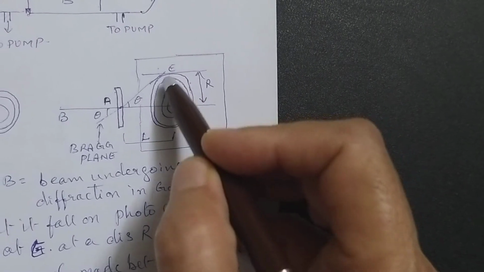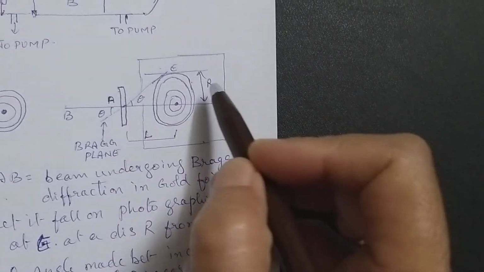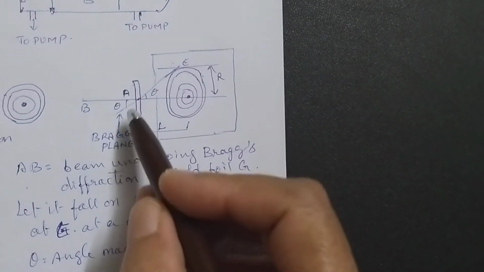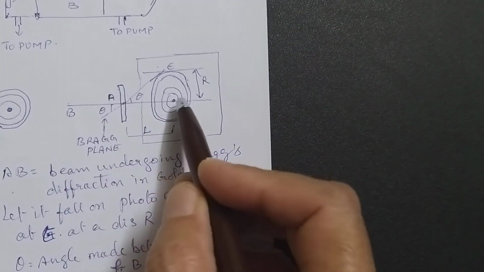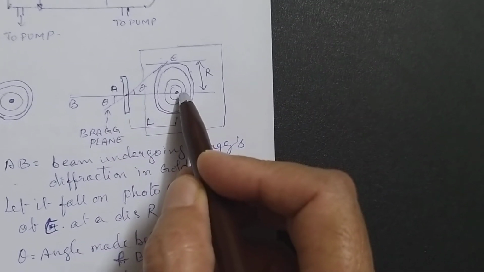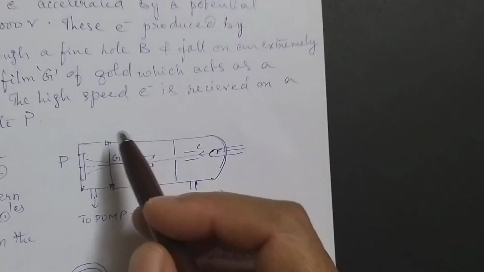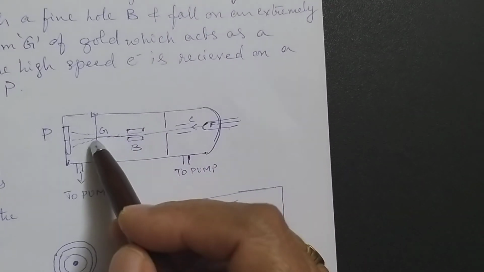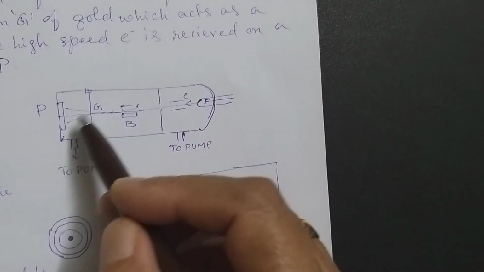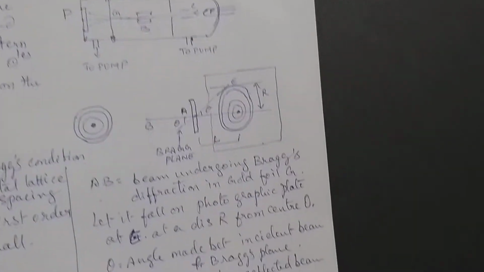Supposing from here to here, this is angle theta and this is angle r, and this distance is L, the distance between the photographic plate and this one here. This is the gun through which it is going. From there, diffraction starts.